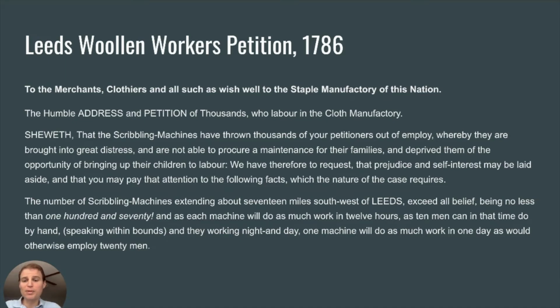The number of scribbling machines extending about 17 miles southwest of Leeds exceed all belief, being no less than 170, and as each machine will do as much work in 12 hours as 10 men can in that time do by hand, speaking within bounds, and they working night and day, one machine will do as much work in one day as would otherwise employ 20 men.